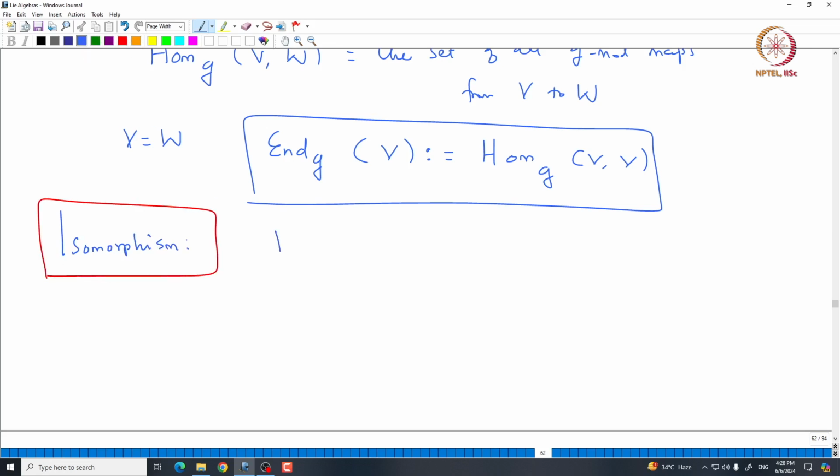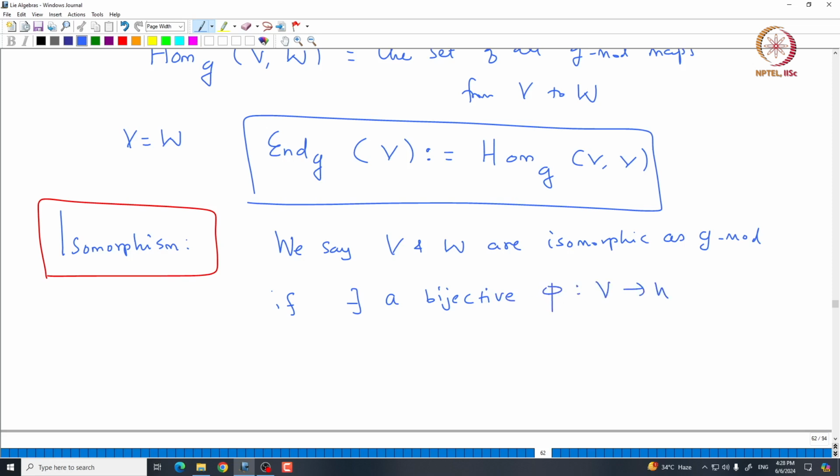We say V and W are isomorphic as G modules if there exists a bijective G module homomorphism.